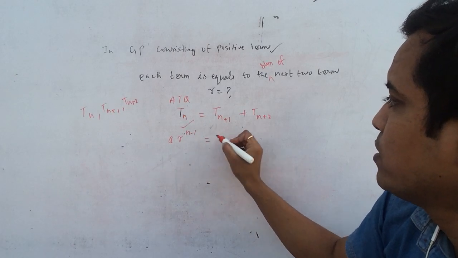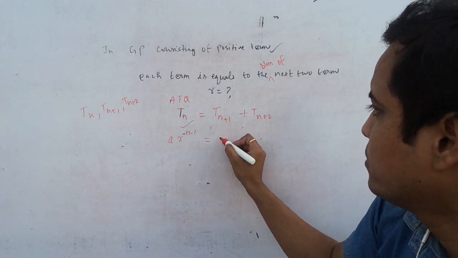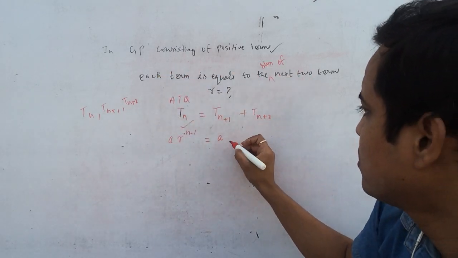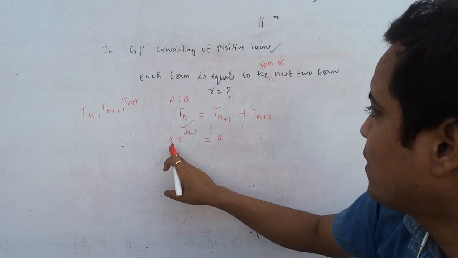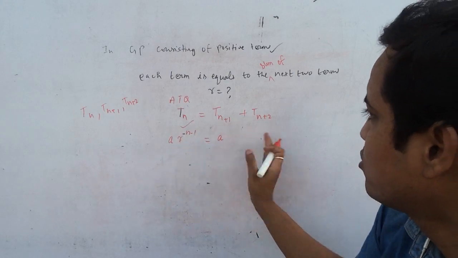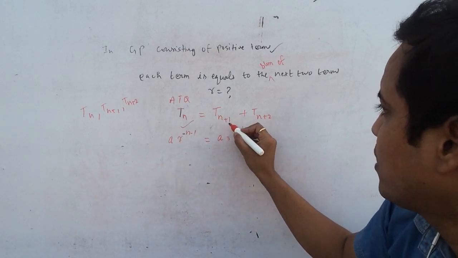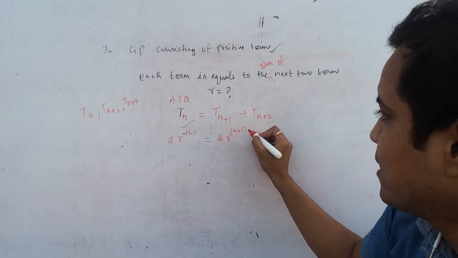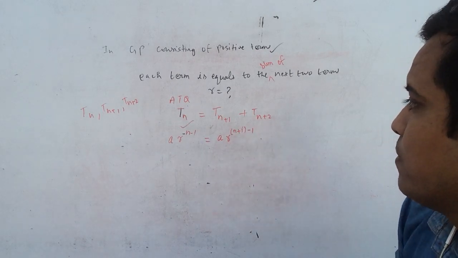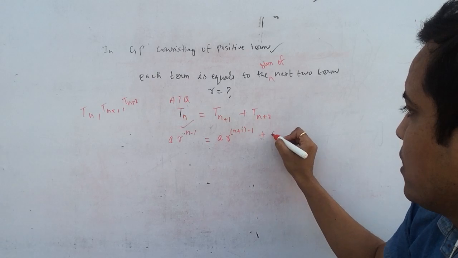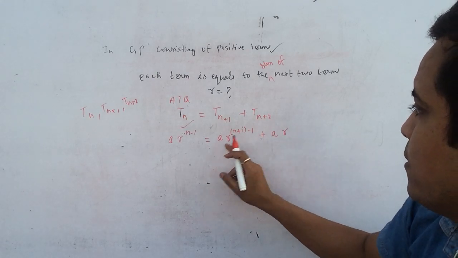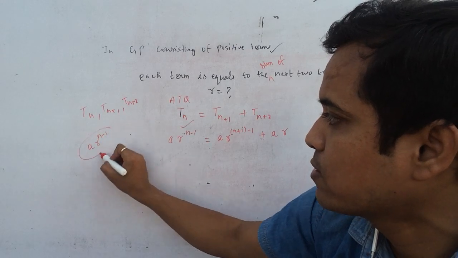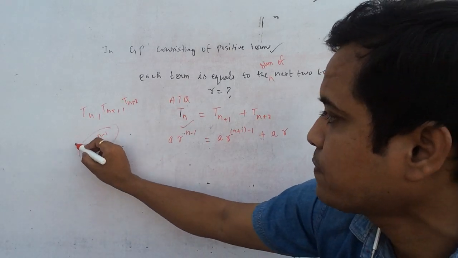Since the sequence is similar, we would not change the value of a and r for the next two terms. At the place of n you will write n plus 1, plus a r raised to power, the formula being a r raised to power n minus 1, the nth term Tn.